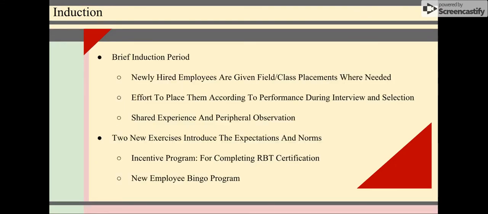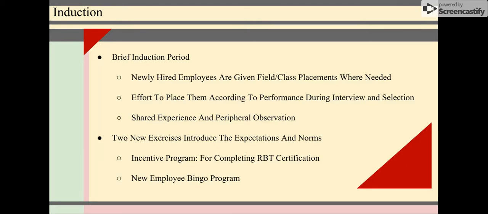The induction period is when we have newly hired employees and give them placements, and we try to keep it in line with what they would desire to be working in so we can keep them interested in what they want to do, and also based on their performance across the different skills that will be needed.